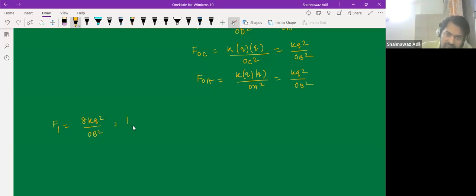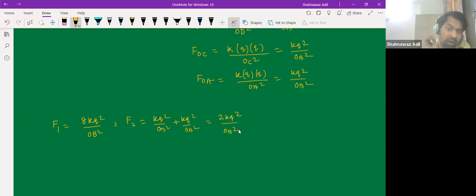And F2 is how much? FOC and FOA: KQ square by OB square plus KQ square by OB square, so you have 2KQ square by OB square.